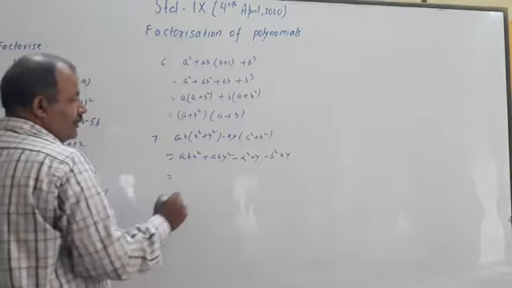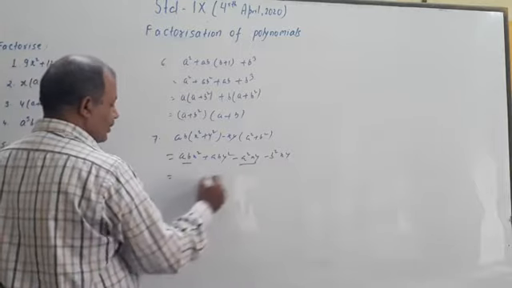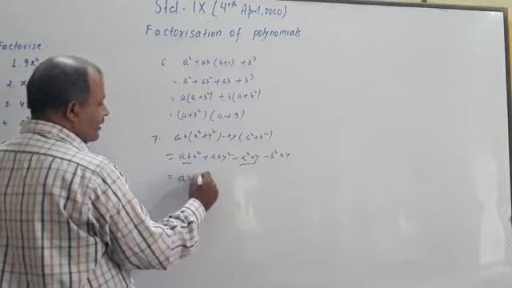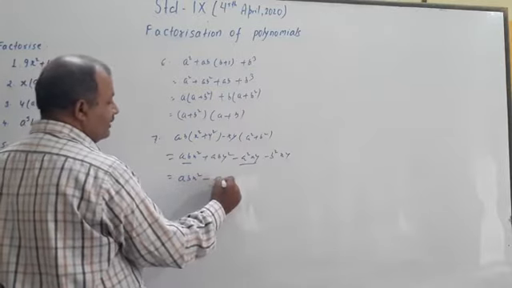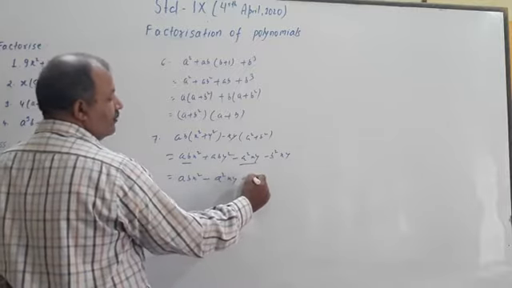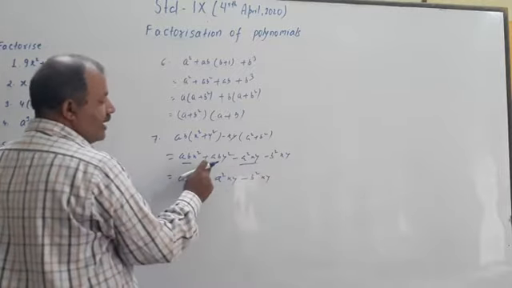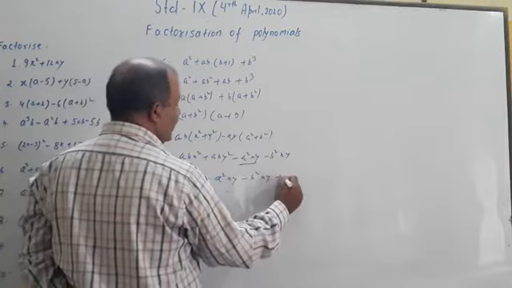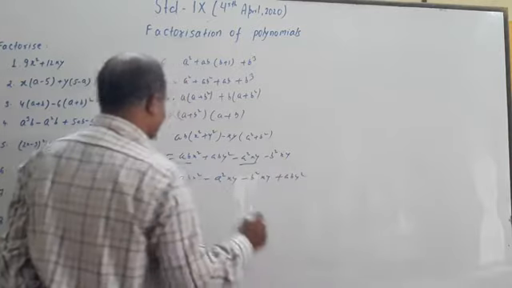First of all, we take these two terms together: ab x square minus a square xy. Next, minus b square xy, and the fourth term will be ab y square.